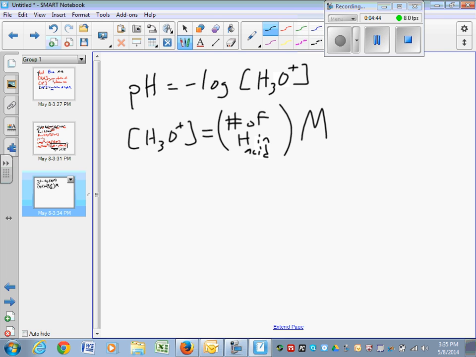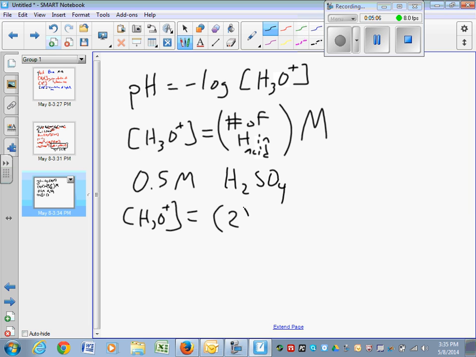So for example, if I have a 0.5 molar solution of sulfuric acid, remember SO4 sulfate becomes sulfuric acid, okay? The concentration of hydronium ions is equal to 2 hydrogens, right here, times the molarity, 0.5.